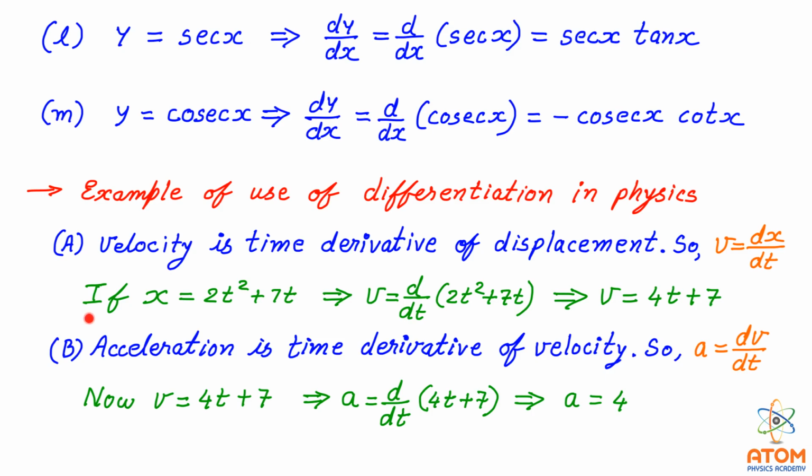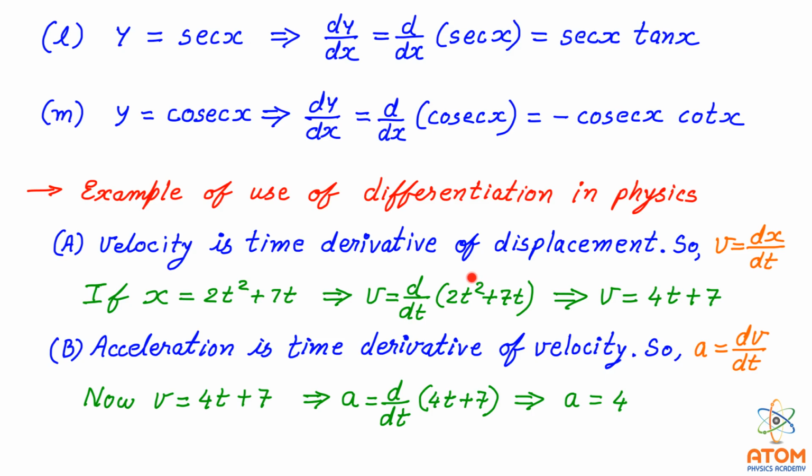Now if x, that is displacement, is given by this equation, let us say x is equal to 2t square plus 7t, and we want to find the equation of velocity. Obviously velocity is the time derivative of x. That means v is equal to d by dt of 2t square plus 7t.